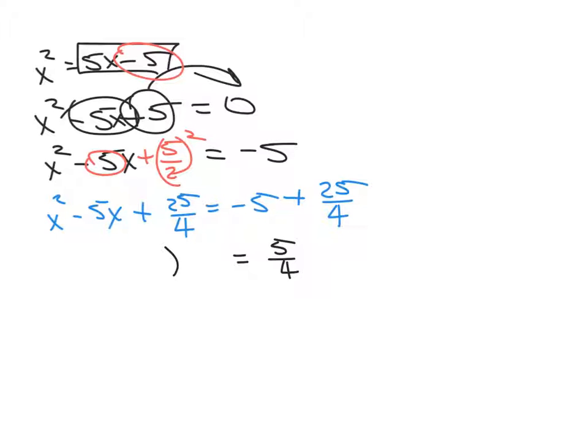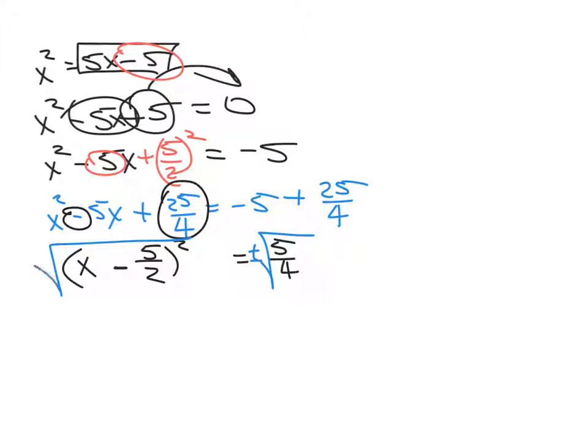Alright, make my parentheses, square it, put a minus sign here, take the square root of the first term, square root of that means I take the square root of 25 and the square root of 4. Okay, now I take the square root of both sides, plus or minus, and I get x minus 5 halves equals plus or minus the square root of 5 over 4.